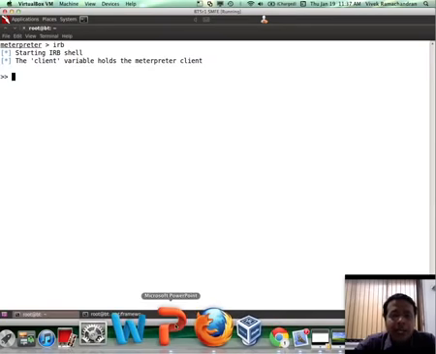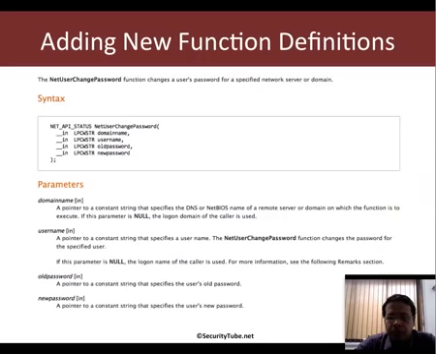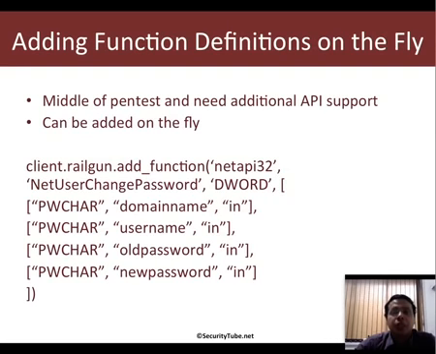Now, when you talk about adding definitions, you can do it in two ways. The first one is to add function definitions on the fly, which is you're already inside a Meterpreter session, right? Probably you may not get another chance to compromise the victim, and you immediately want that specific function to be supported by Railgun.